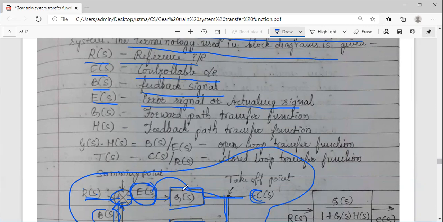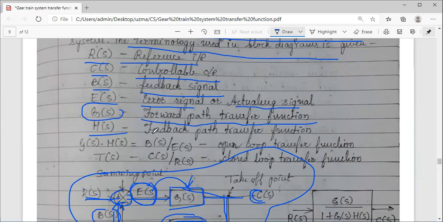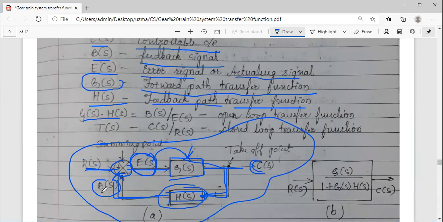G of S is your open loop gain, that is forward path transfer function. H of S is the feedback gain, that is feedback path transfer function. And G of S into H of S is equal to B of S divided by E of S, the open loop transfer function. Open loop transfer function, it is given by B of S divided by E of S. I think there is a slight mistake here.